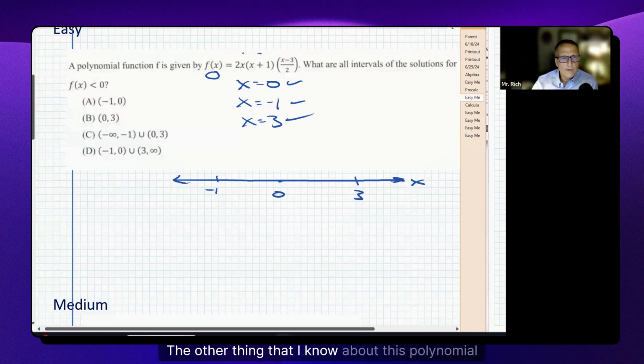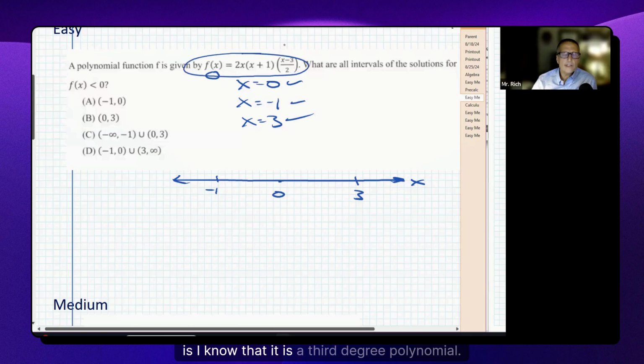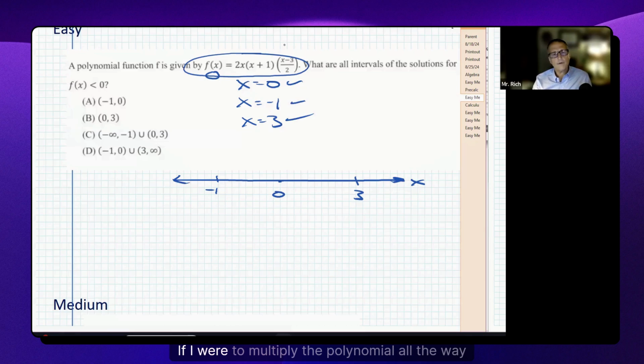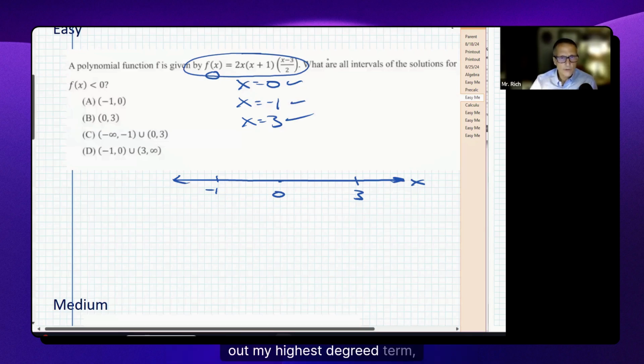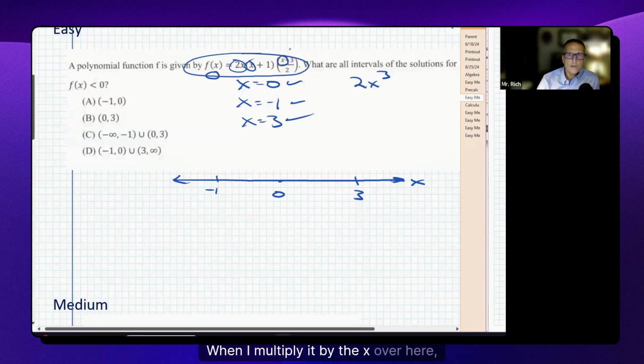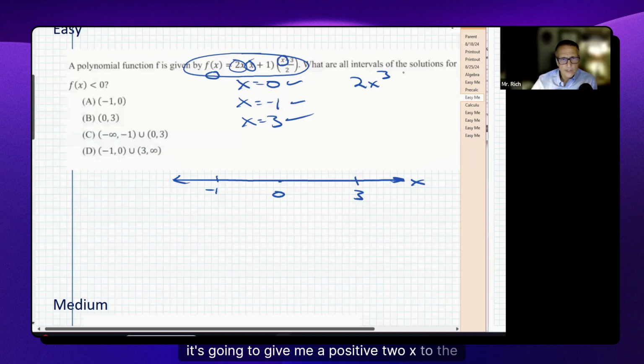The other thing that I know about this polynomial is that it is a third degree polynomial. In other words, the highest power on the variable is a 3. If I were to multiply the polynomial all the way out, my highest degree term would be 2x to the third, because 2x times x gives me 2x squared, and when I multiply it by the x over here, it's going to give me a positive 2x to the third.